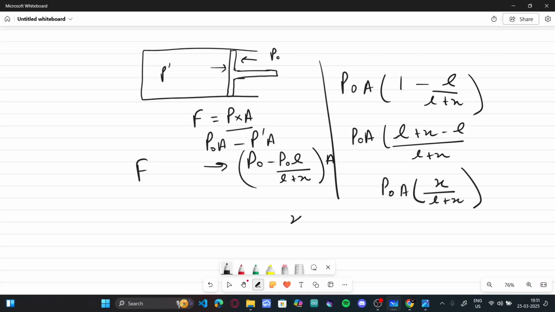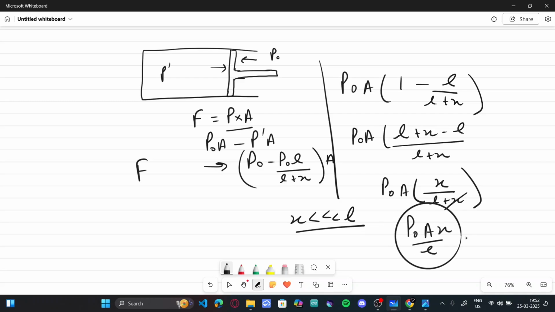Now since the oscillation is very small, X is smaller than L, we can just neglect it in the denominator, right? So this is the new equation.